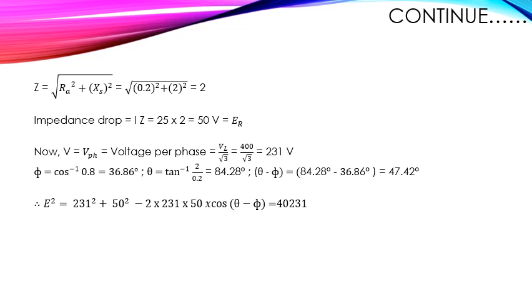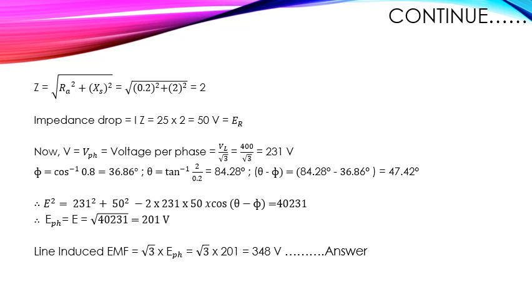Then put the values in E square is equal to V square plus ER square minus 2 VER cos of (theta degree minus phi). Then we get the resultant as 40,231. Then take the square root of that, and the induced EMF per phase is 201 volts. Then multiply by root 3 to get the line induced EMF, and that is 348 volts, which is the answer.